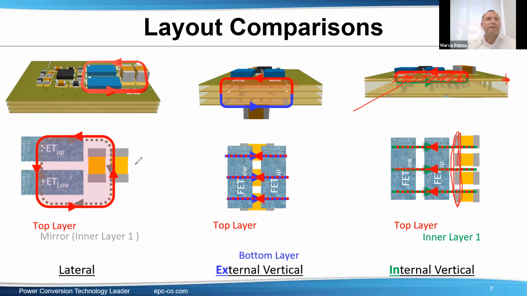If you do something different, like having your ground somewhere on the same top layer, you will have to route things like this and like this in the top layer, making a very big area, and this is going to jeopardize your design.